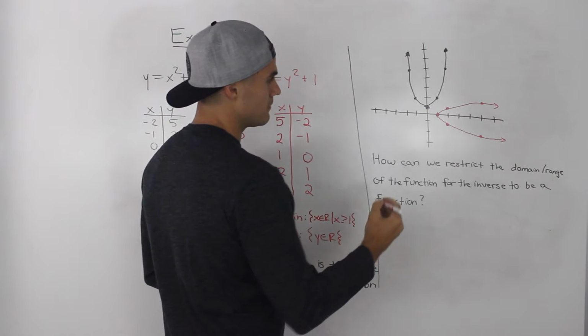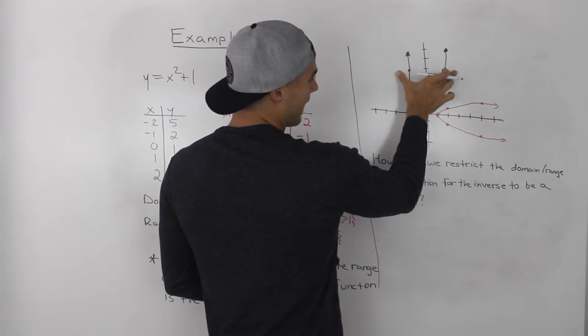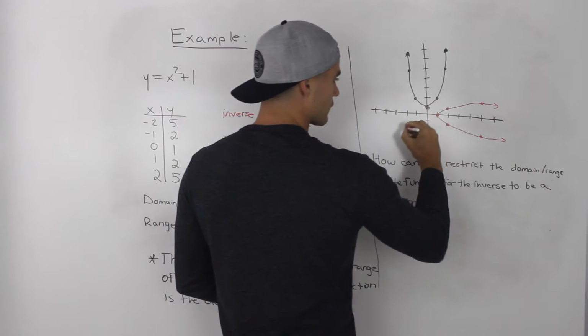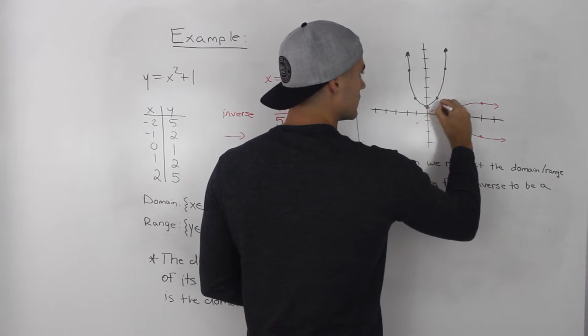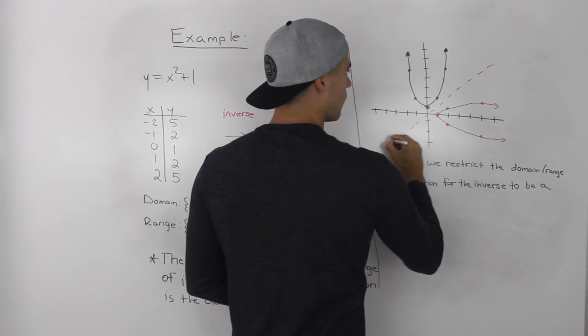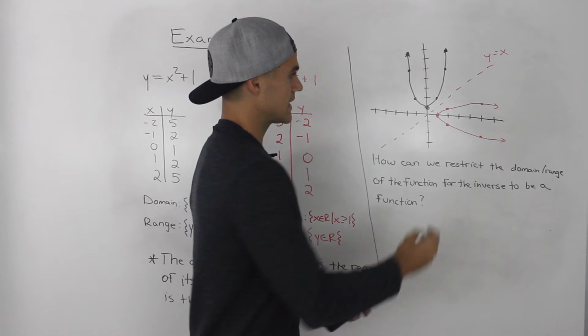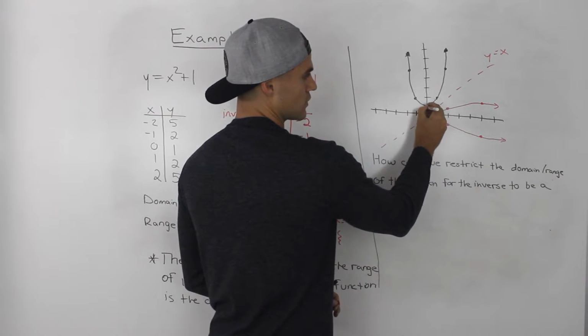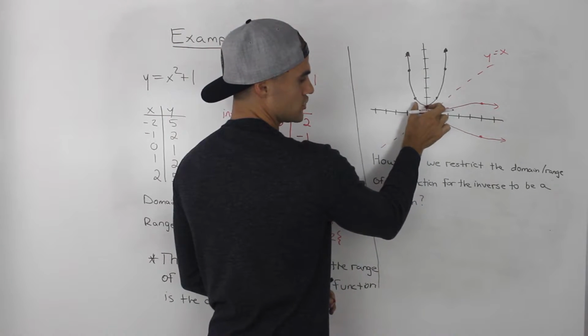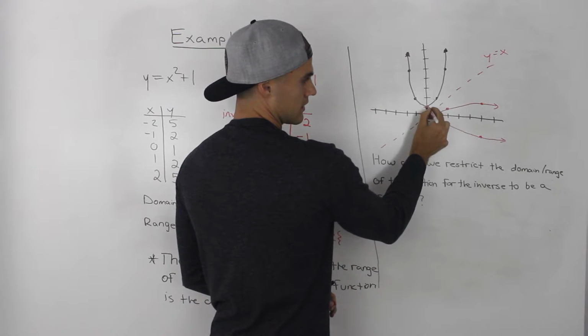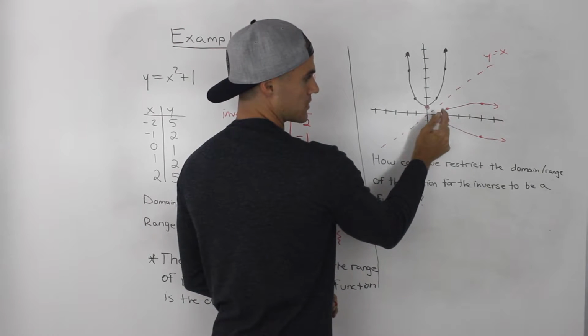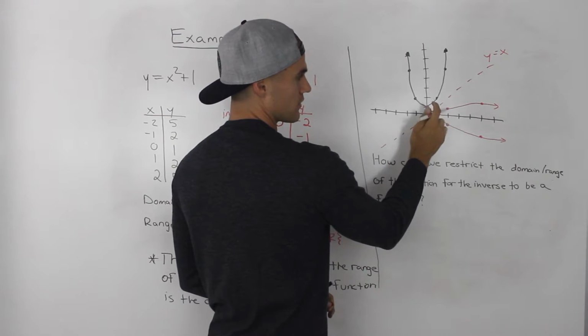Well, if you remember, graphically, to get from the function to the inverse is just reflected on the y is equal to x line. So it's like this vertex of the original function corresponds to the vertex of this sideways parabola here. They're reflections of each other.